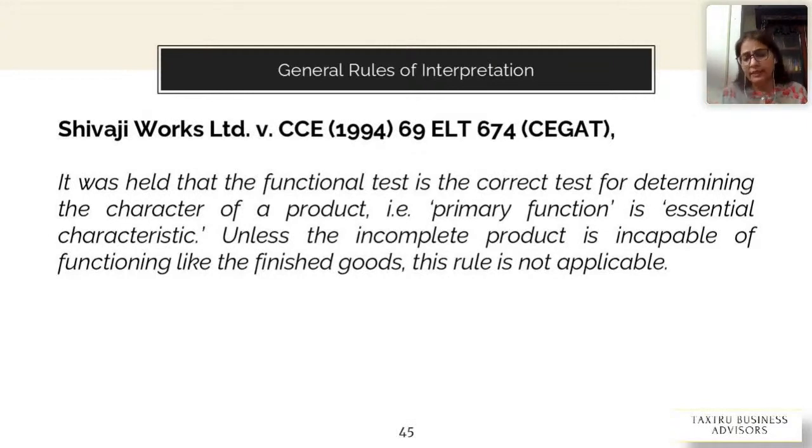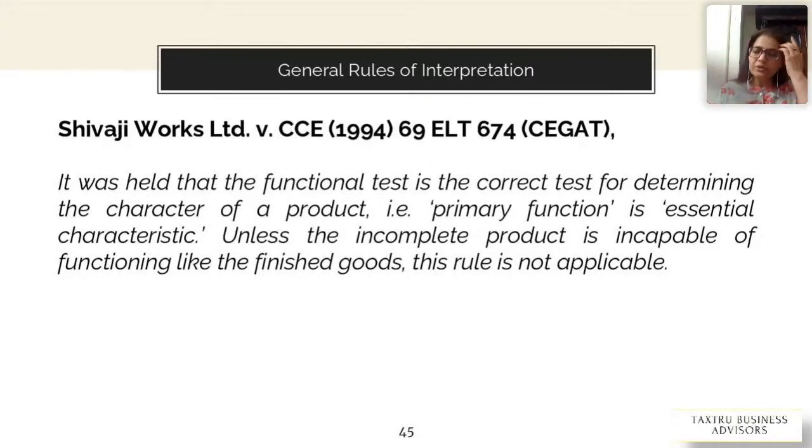But this judgment says that when it is in a form where it does not have the essential characteristics, you cannot classify it under the finished product list. There they said that because the body or structure of the car did not have the steering and the seats attached, it does not have the essential characteristics of a car.